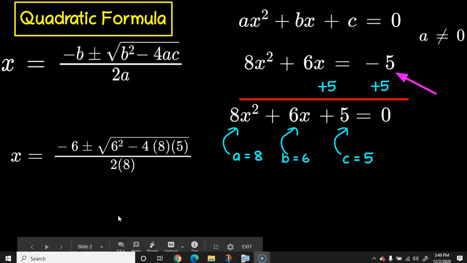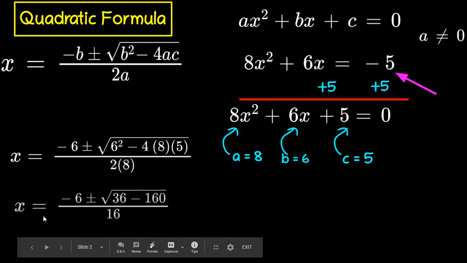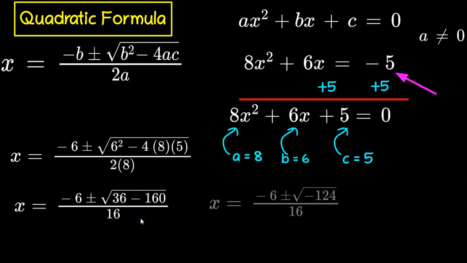Again, following the order of operations, we will simplify first what's under the square root. We'll have x equals negative 6 plus or minus the square root of 36 minus 160, all over 16. And simplifying further, x is equal to negative 6 plus or minus the square root of negative 124, all over 16.